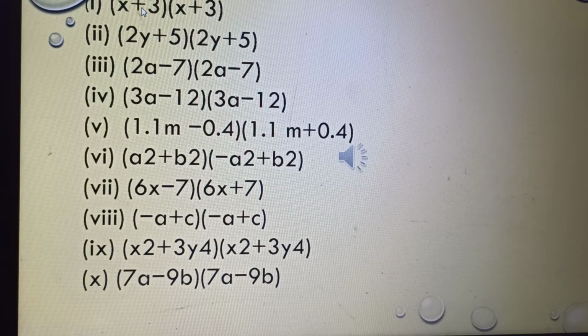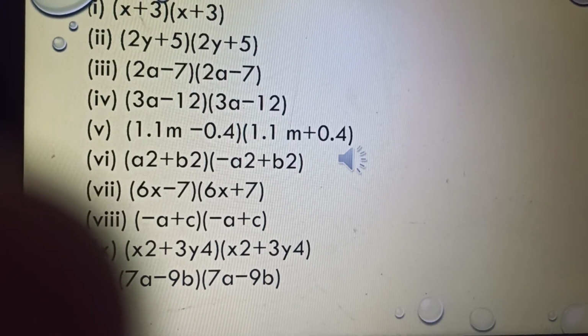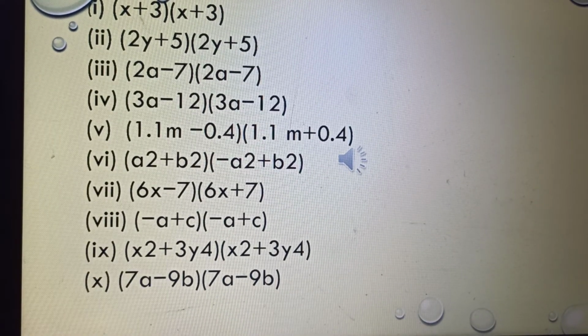Here in the first problem we have used the identity x plus 3 the whole square, that is a plus b the whole square. So we form x square plus 9 plus 6x. The next is 2y plus 5 the whole square: 2y the whole square plus 5 square plus 2 into 2y into 5.